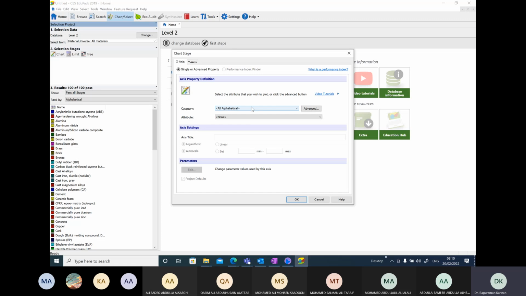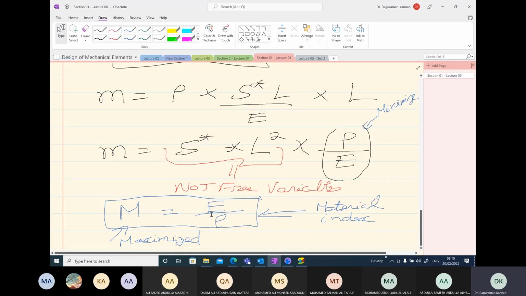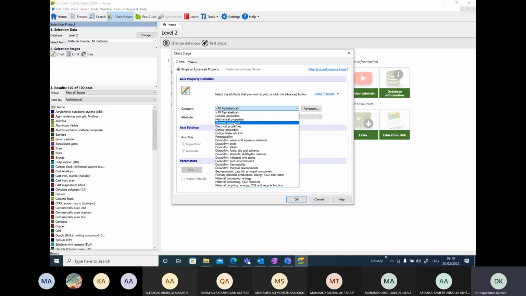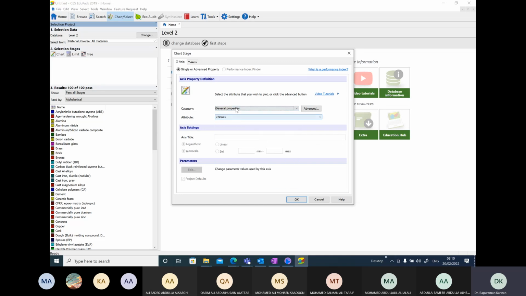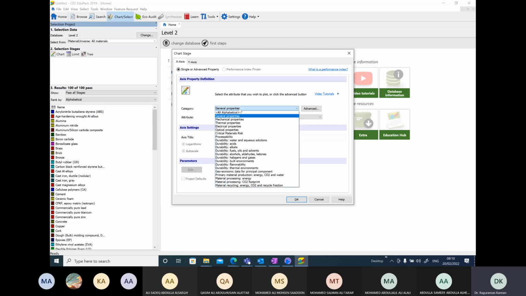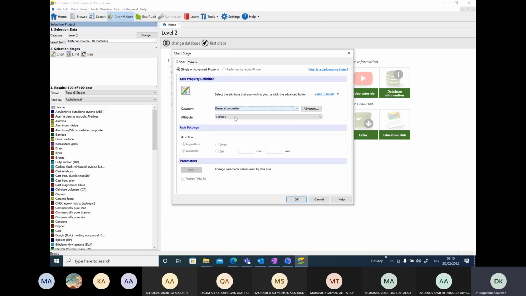Based on the material index, I'm going to use density as the variable on the x-axis. First I need to choose the category. I go for general properties because these are physical properties and not specifically mechanical properties. Under general properties, you can see price, etc. You can choose density, and leave it in logarithmic scale.